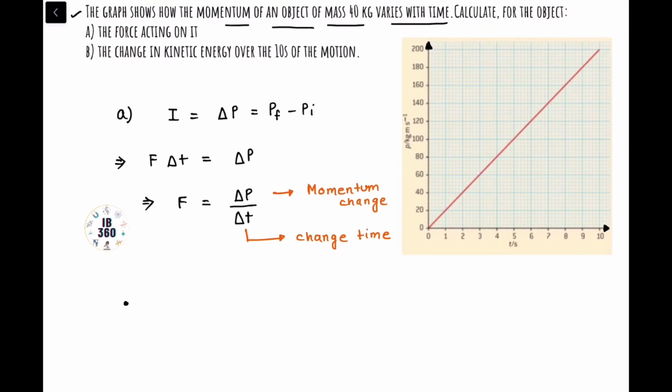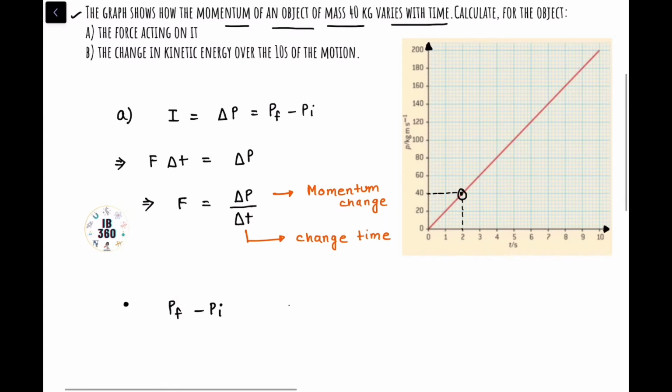The first way: in order to solve this question, we need the change in momentum, that is final momentum minus initial momentum. That means we pick up 2 points from the graph. Suppose this is the first point: at t equal to 2 seconds, the momentum is 40 kg meter per second.